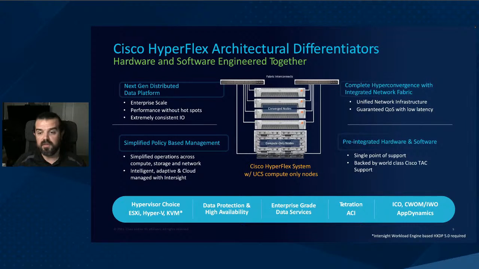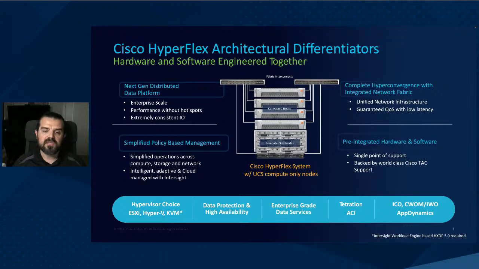As you see in the slide, we provide different hypervisor choices: ESXi, Hyper-V, and last January we released our own home-built KVM version, which is called Intersight Workload Engine. So we support different hypervisors.